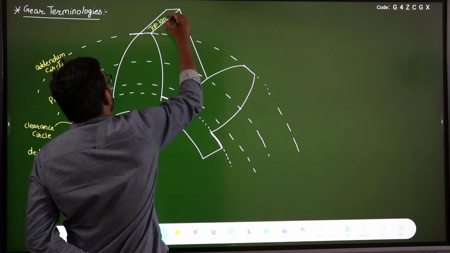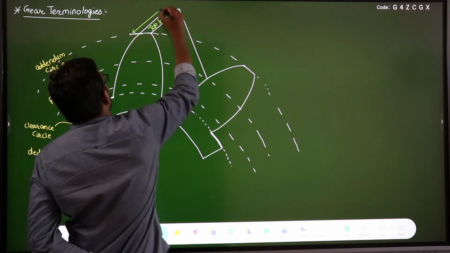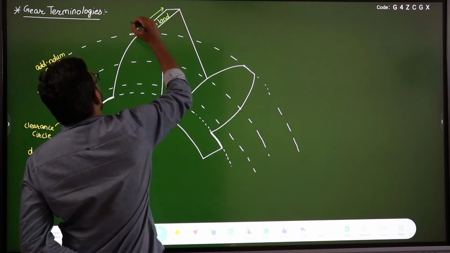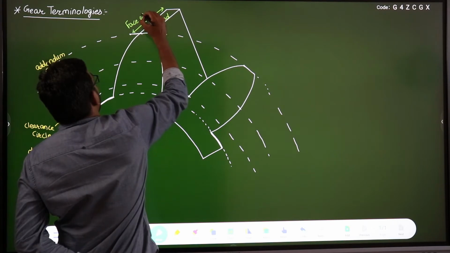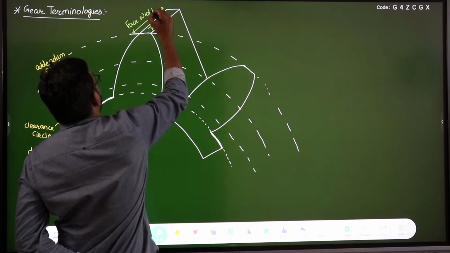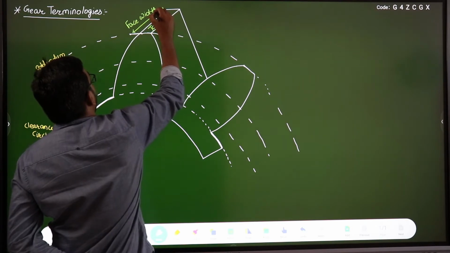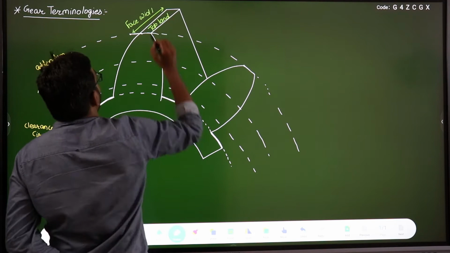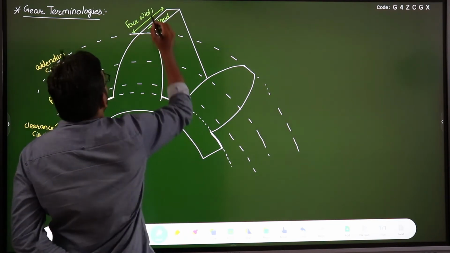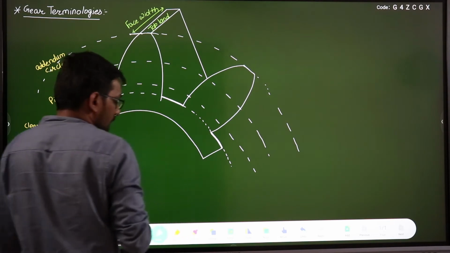The width of this top land is known as the face width. This is known as face width.